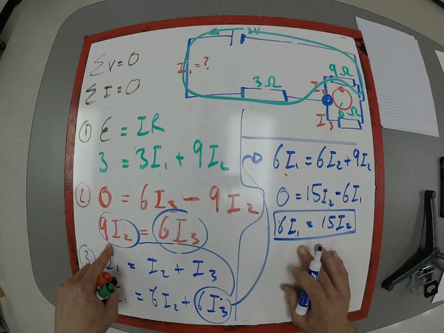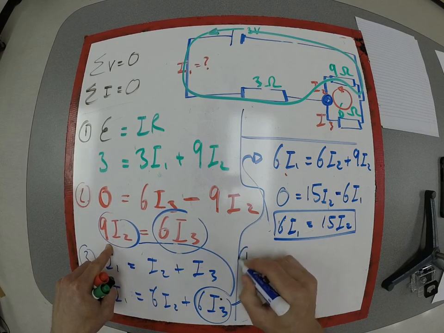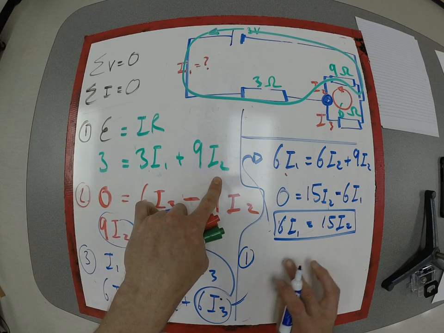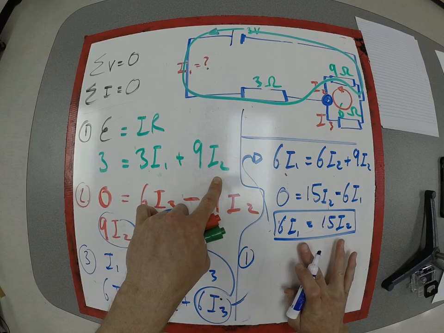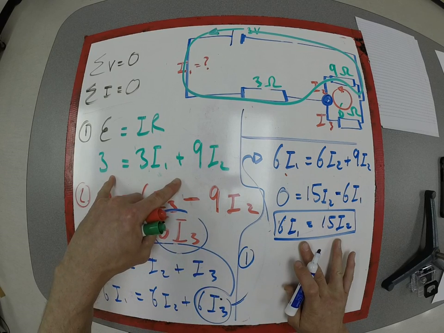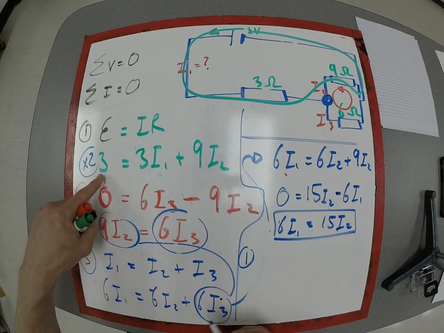And now I'm just looking to plug this back into something that I might know about. And I'm actually going to use Formula 1, because Formula 1 has got my I1 and my I2, and that's what I have here. So let's multiply Formula 1 by 2. So I'm just going to take my Formula 1, multiply everything by 2.